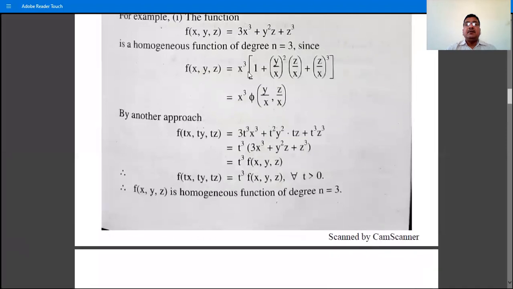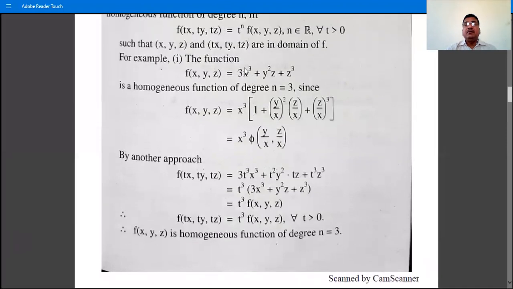That is, f of x, so take x cube common. So what do we have? x cube times (1 plus (y by x) square times (z by x) plus (z by x) cube), because y square z divided by x cube can be written as x square into x in the denominator, giving y by x square and z by x.